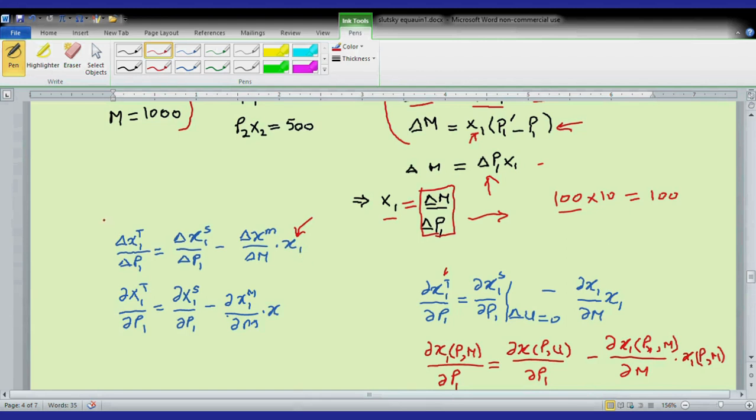And this result that we arrive at is known as the Slutsky equation. See that we have arrived at this result using Slutsky decomposition. So this is your Slutsky equation.